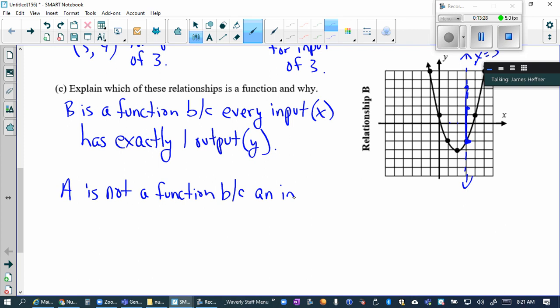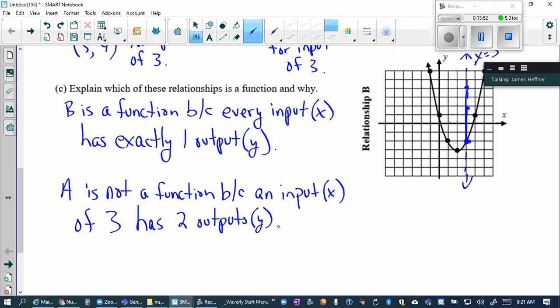So because an input X of 3 has 2 outputs. And there's more than just that too, by the way, but that's the one they had us pick. It has 2 outputs, or Y values.